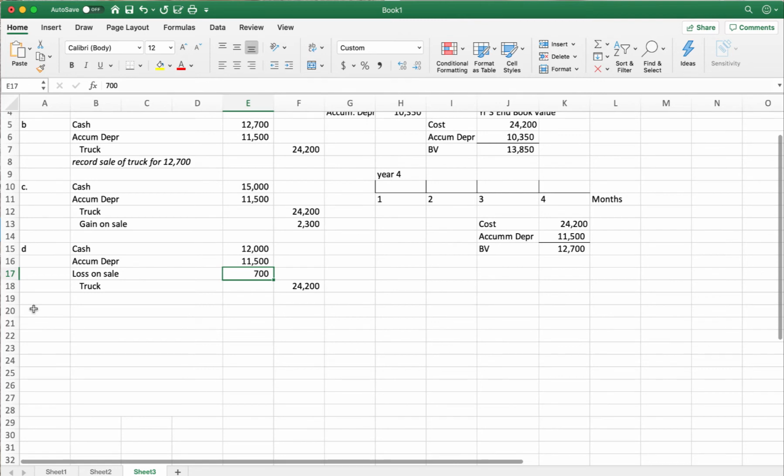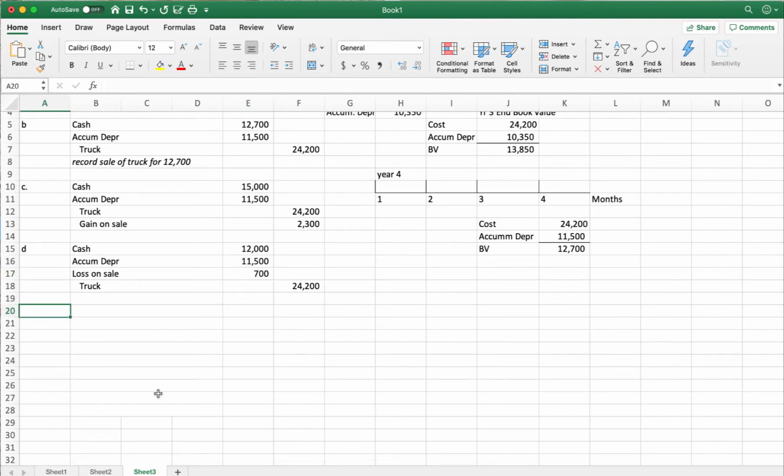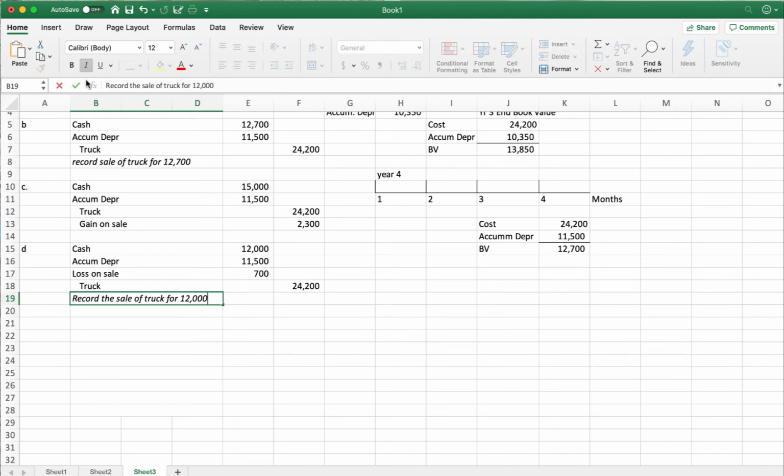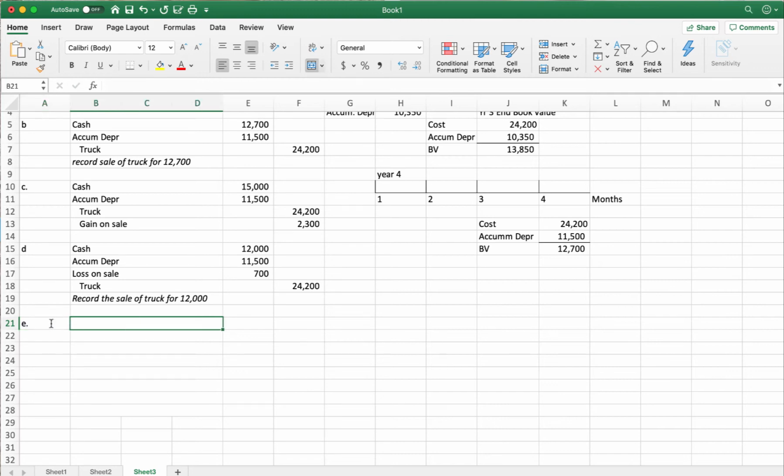So let's look at E. The last one says, before we go there, I just want to say, what am I doing here, right? Well, I'm recording the sale of a truck for $12,000. Okay. Now the last one, E, says that this is just a straight disposal, right?